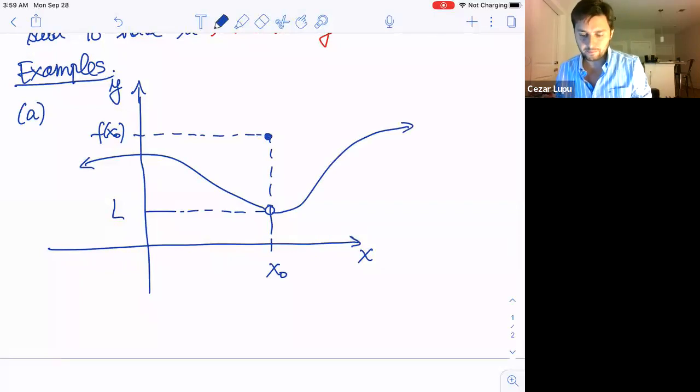Just look at it. Based on what we see in this graph, let's see if this function is continuous at the point x naught. Right? So we would like to see that.